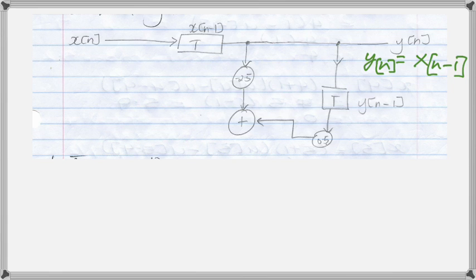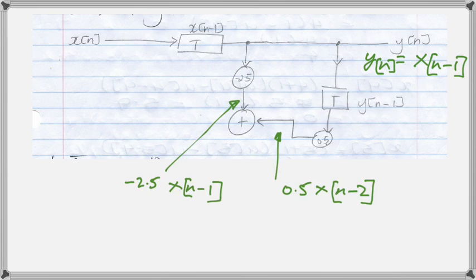Now we have the x[n-1] being subjected to scaling and delay. So that gives rise to minus 2.5 x[n-1] and minus 0.5 x[n-2]. So we see that the block marked y[n-1] is actually x[n-2].